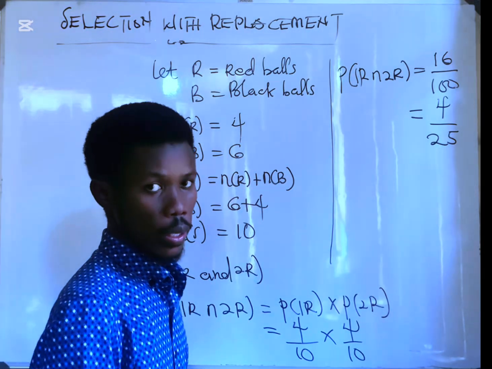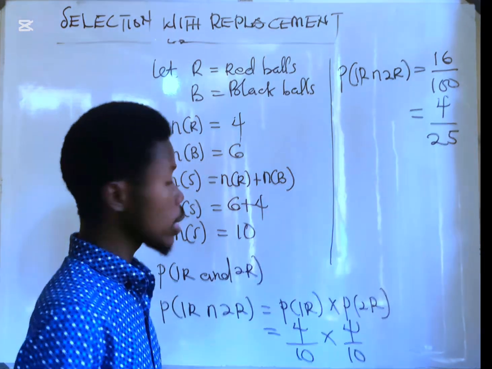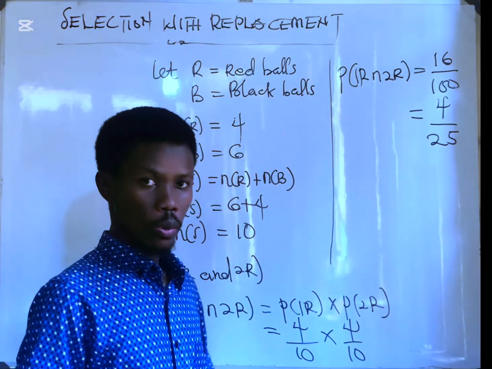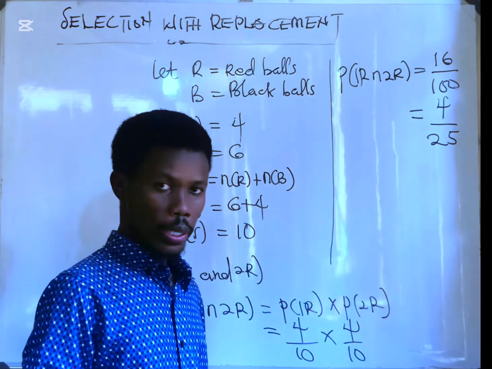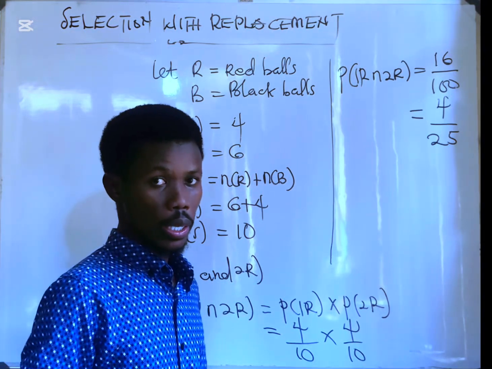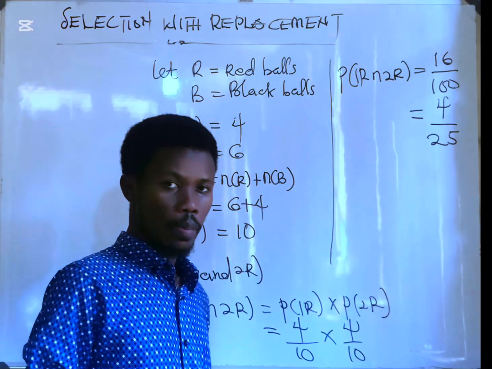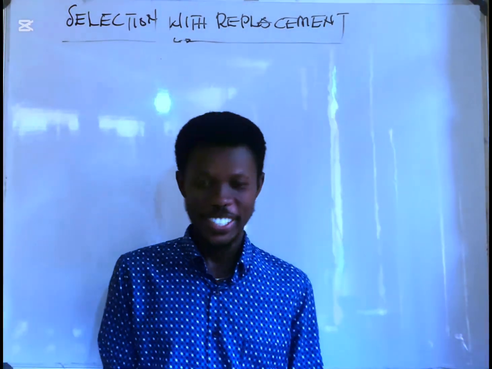Is that okay? The explanation here is that because it's with replacement, if the first ball is red, second ball is red, then it will be 4/10 because it's replacement. So after picking the first one, the second one will be the same thing because you will replace it back. Is that okay?